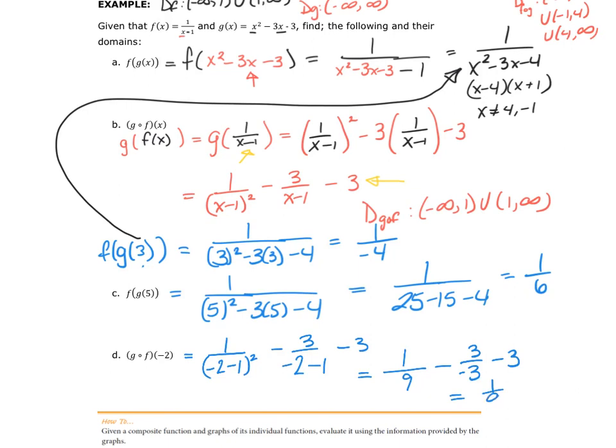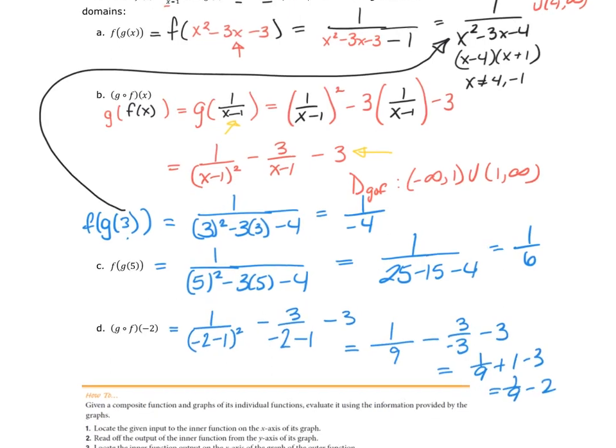So I get 1/9 plus 1 minus 3. So I get 1/9 minus 2.